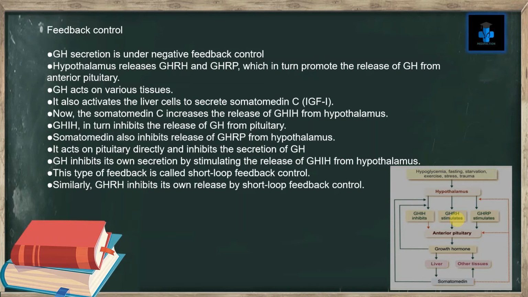Growth hormone inhibits its own secretion by stimulating the release of growth hormone inhibitory hormone from the hypothalamus. This type of feedback is called short loop feedback control. Similarly, growth hormone releasing hormone inhibits its own release by short loop feedback control.